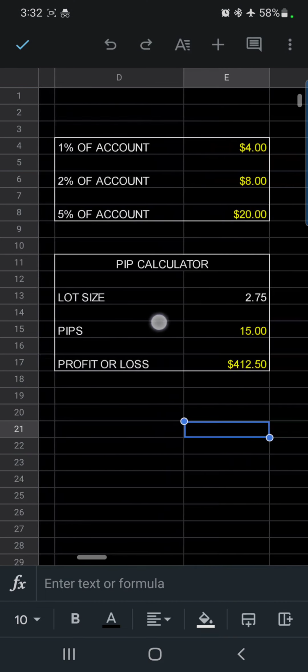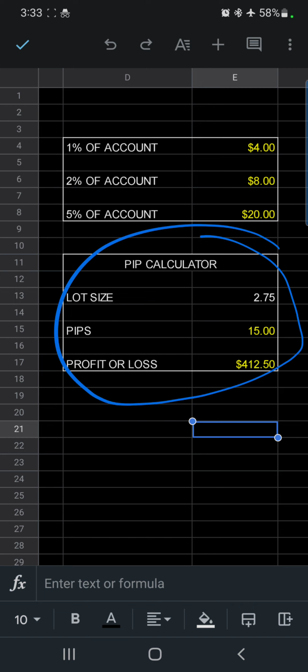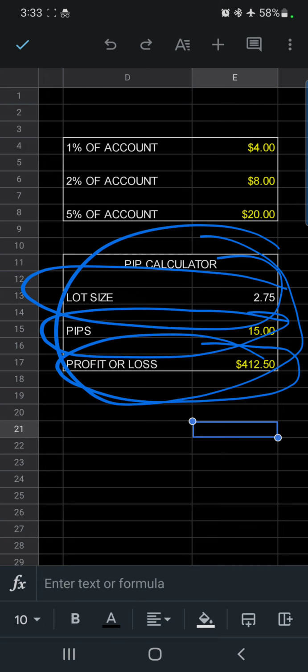This spreadsheet also gives you a visual in terms of what you can anticipate to risk and how much money is 1% of your account, 2% of your account, and 5% of your account. And then last but not least, you have your standalone pip calculator that gives you what the amount is after a certain amount of pips based upon your lot size.